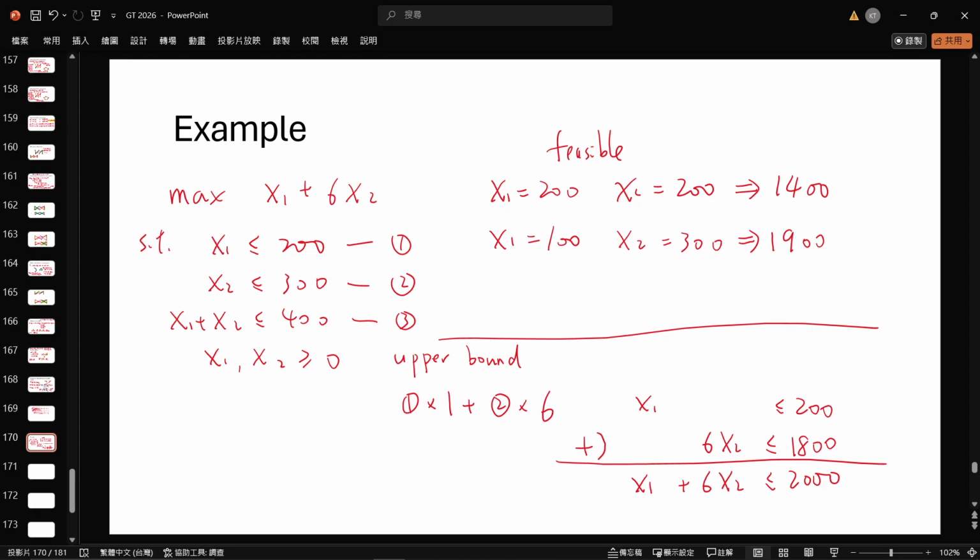Based on this operation, I know that it's impossible to have a solution that is greater than 2,000, because if you have some solution greater than 2,000, it will violate some of these two constraints here.